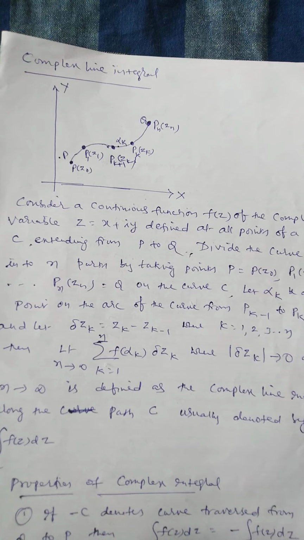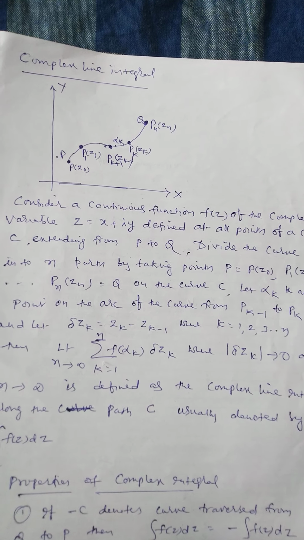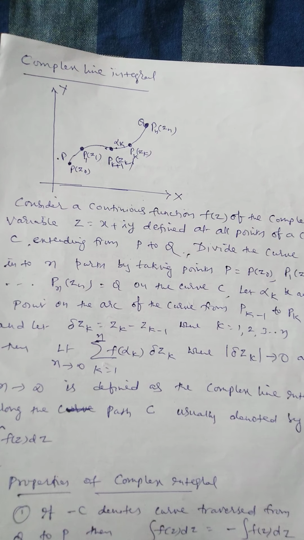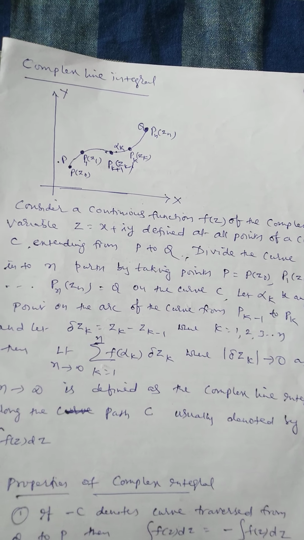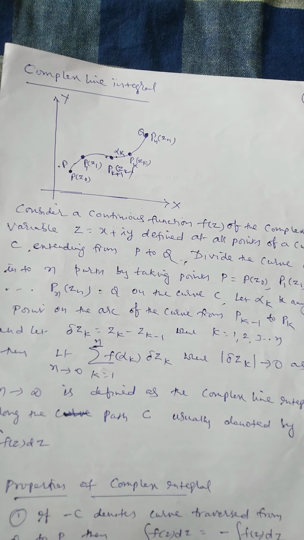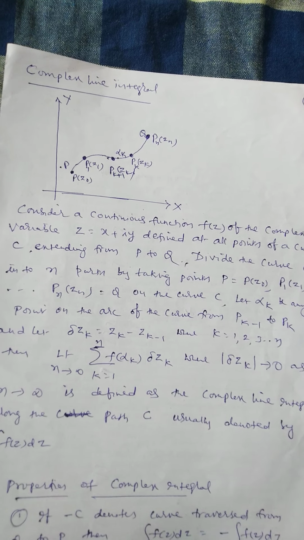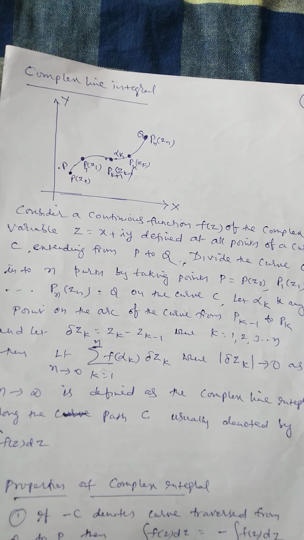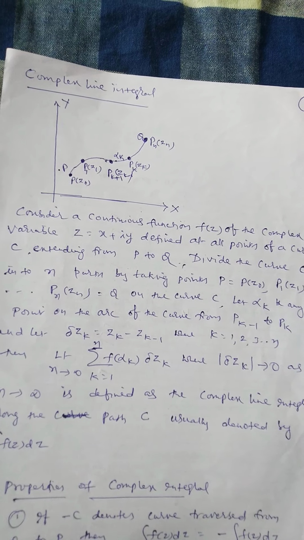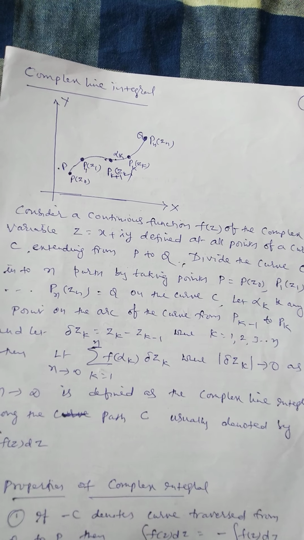Then we have the definition: limit n tends to infinity, summation k varying from 1 to n, f of alpha k delta z k. Alpha k is nothing but the point you have taken in between z k and z k minus 1, into delta z k.